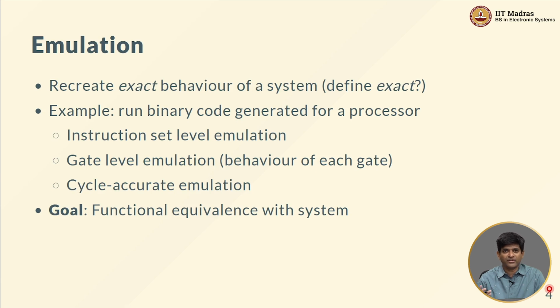We have some hardware, we have some software, and we want to combine the two into one single simulation. So, the end goal of emulation is to verify functional equivalence with the system, right? We want to know that whatever we are emulating behaves the same way as what the system would be like when it is finally implemented in hardware.